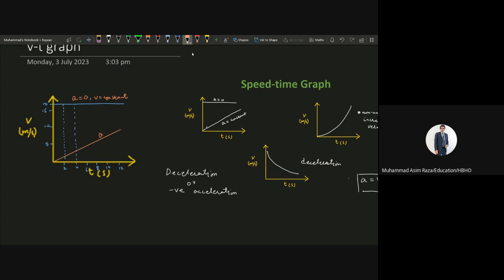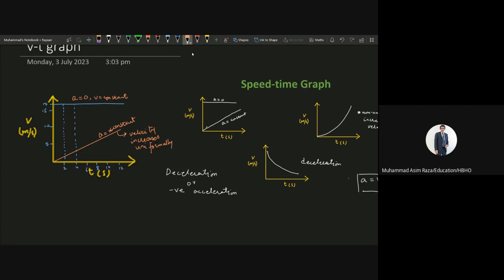Let's say this acceleration is equal to x. It is not zero, because this acceleration is constant, I would say, because the velocity increases uniformly. Velocity or speed increases uniformly. That is why you are getting a straight line, right?